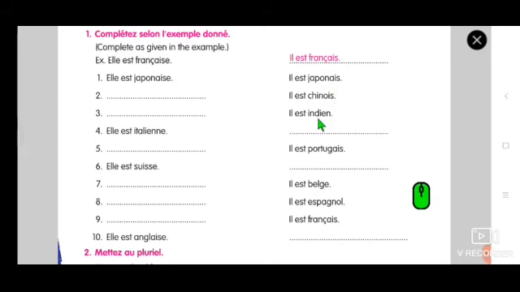In this case alone, whenever the masculine is ending with an N, the feminine should have double N and E. So 3 and 4 alone are a separate type. So mark 3 and 4. Mark it. You learn this separately. Other things are very common.